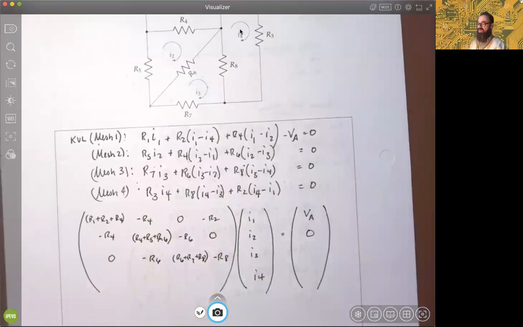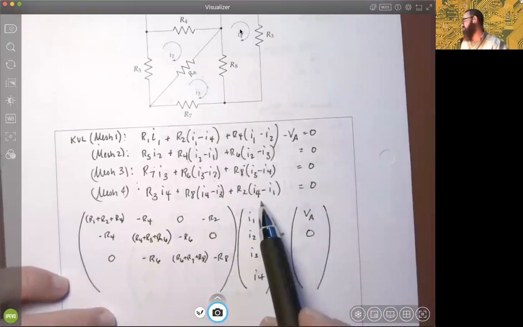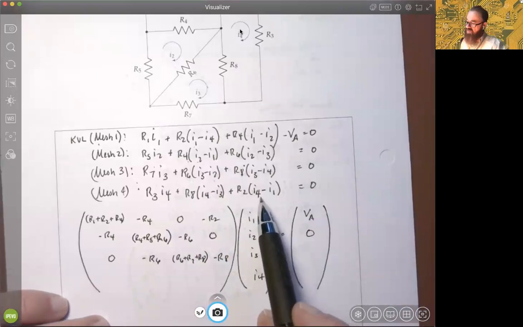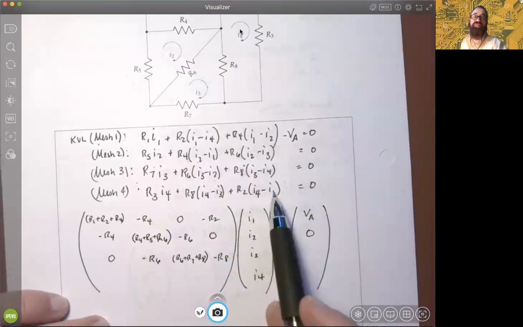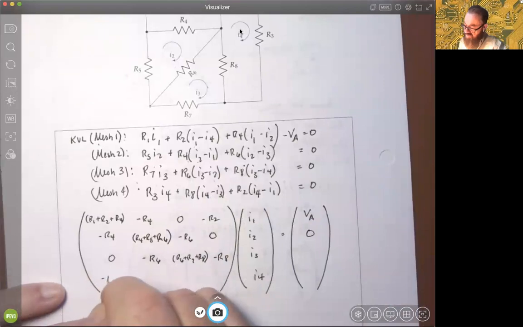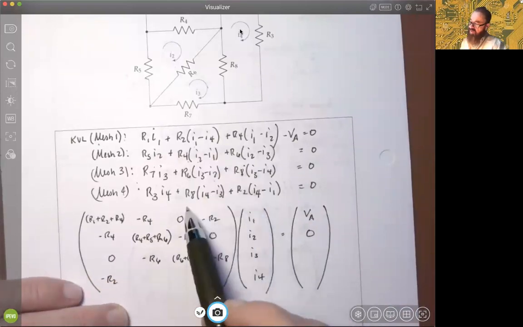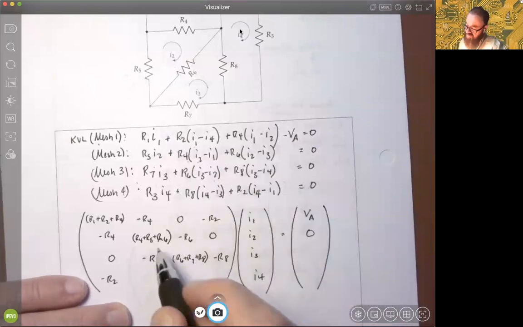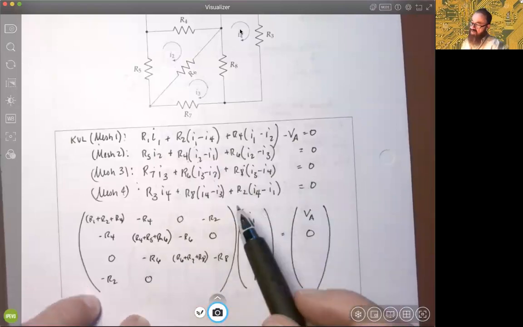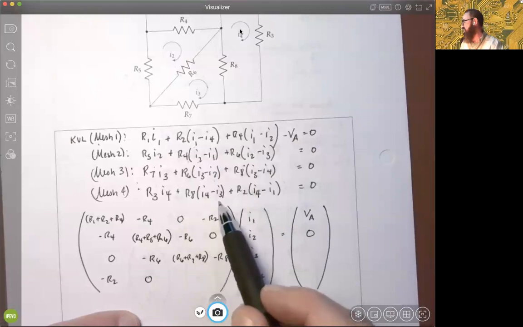Okay. And then last but not least, there at the bottom. What about I1 coefficients? You're going to have 1 of them from this multiplication, right? You get minus R2. What about I2? Scanning through here, see nothing, so this is 0. And what about I3? Well, I see a minus R8.